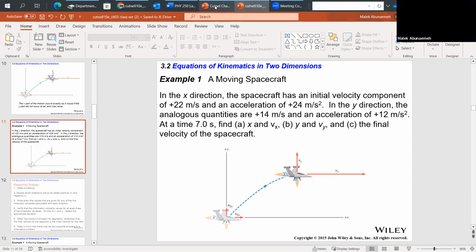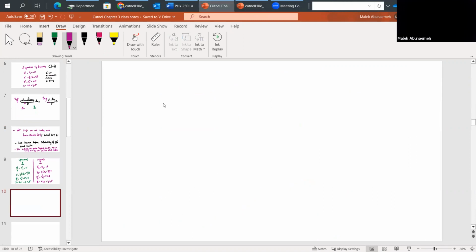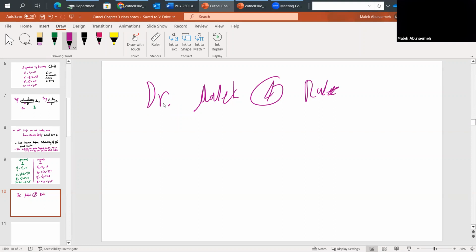So again, going with Dr. Malek's 4 rules, and if you know anything about Marvel, that's going to be your Fantastic Four. So this is my Fantastic Four rules. Number 1, write down the info.